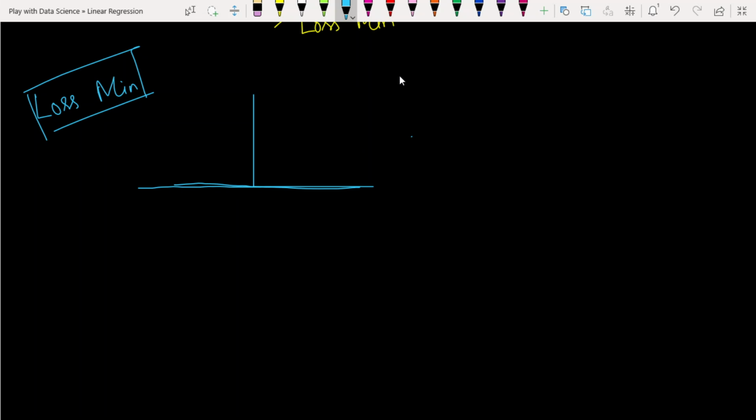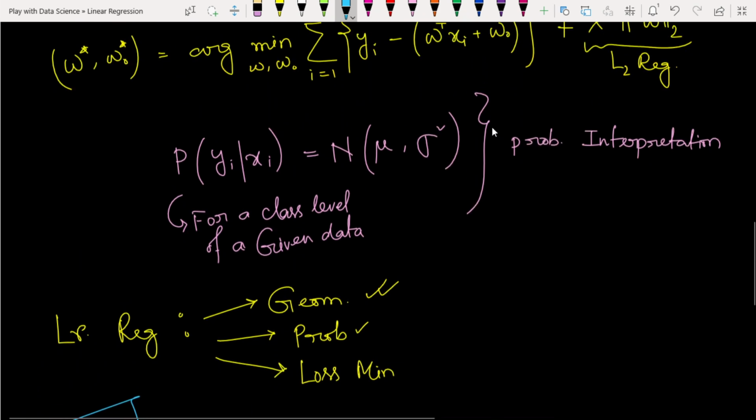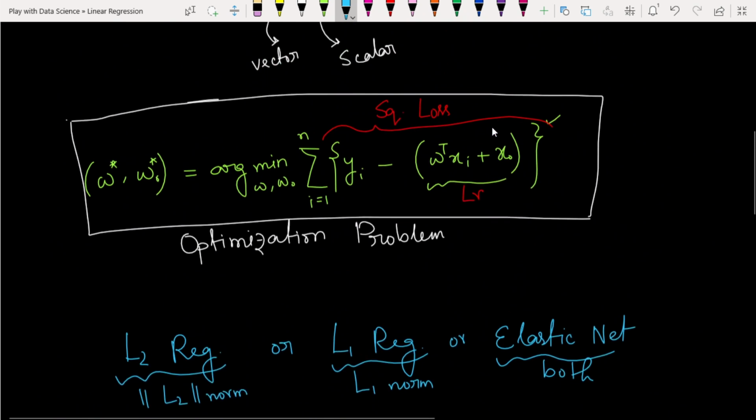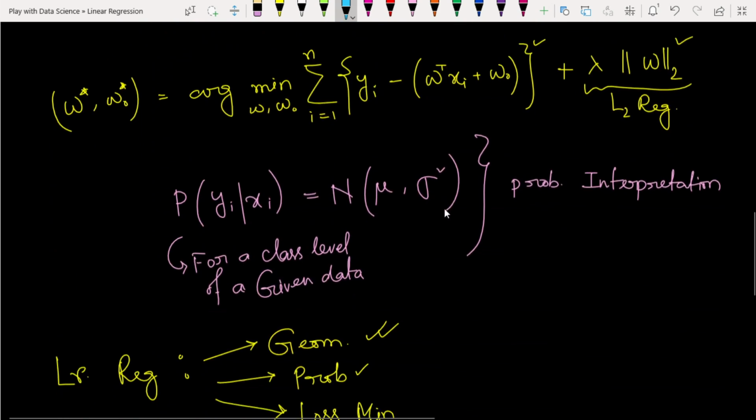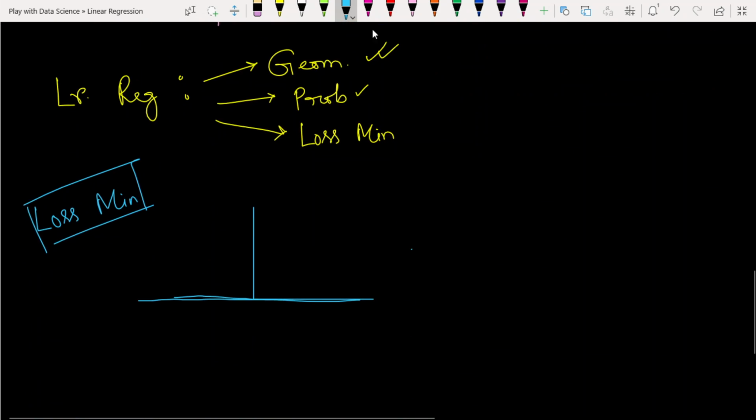If you see this square loss term, it is a square term, y equals a square, which is a kind of parabola.